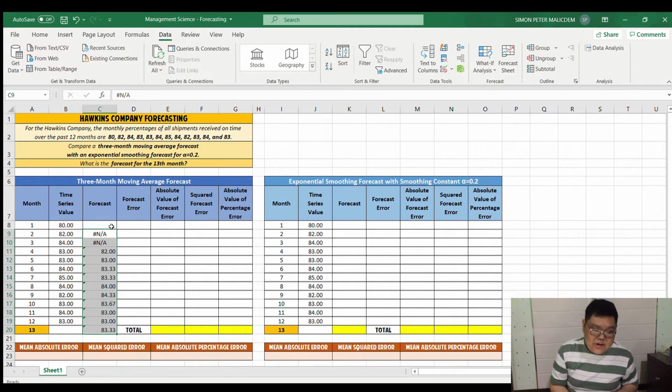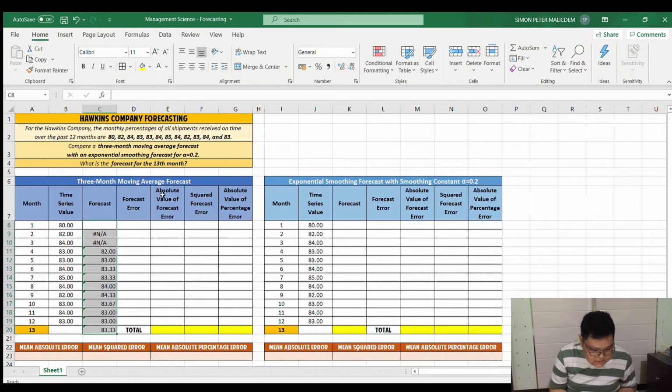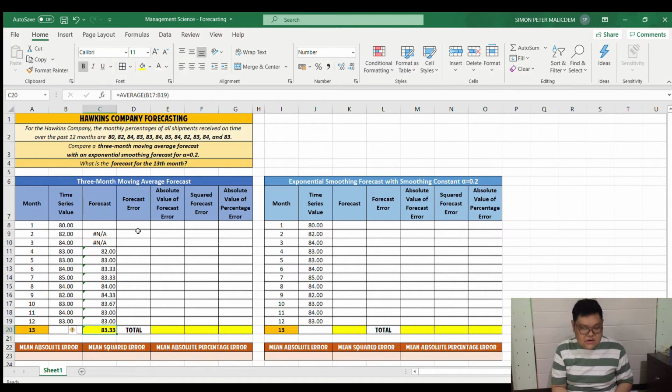So there we have it. We have 1, 2, 3 intervals. And we also have the 13th month forecast, which is 83.33. Okay? So we have our forecast using moving averages.